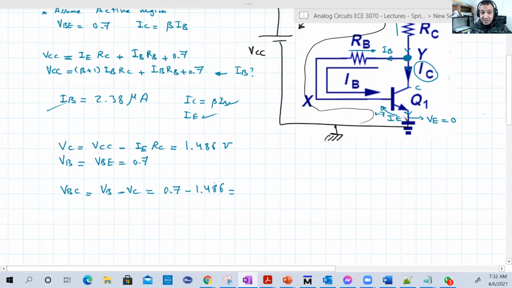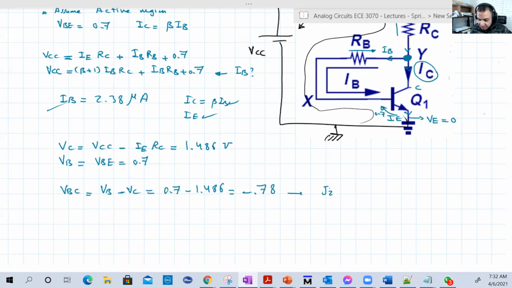This is basically something in minus, about minus 0.78. So J2, the junction between the base and the collector, is reverse biased. And that proves our assumption.